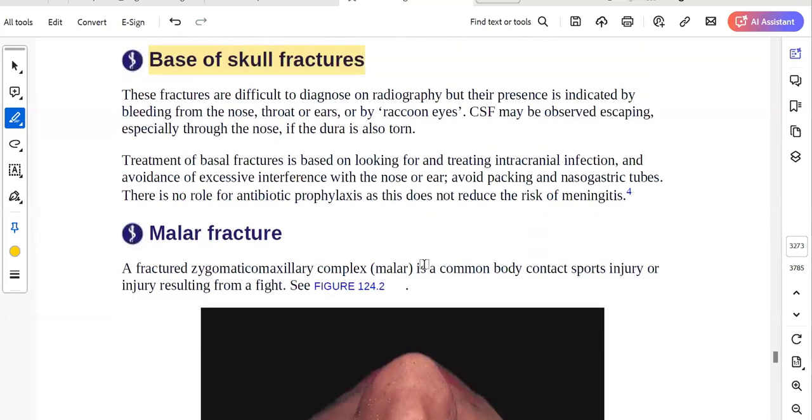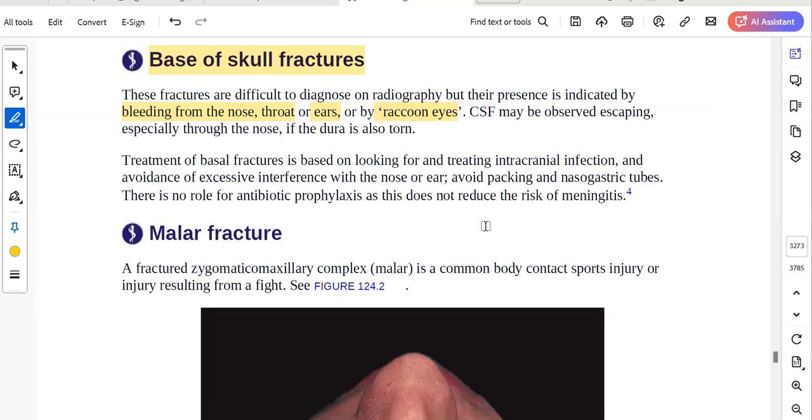as part of base of the skull fracture, it is indicated by a few specific signs and symptoms. So a patient who has got a head injury or trauma to the head, maybe after a motor vehicle accident, if they're coming with bleeding from the nose, ears, so we call it CSF rhinorrhea or CSF otorrhea, or if they have got these raccoon eyes, which is a kind of bruising around the eyes, and also there is a sign called Battle sign, which is ecchymosis or bruising on the mastoid bone.